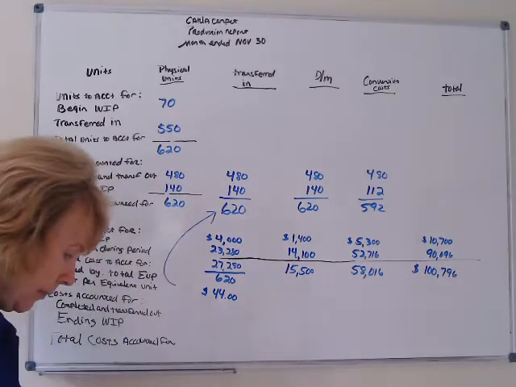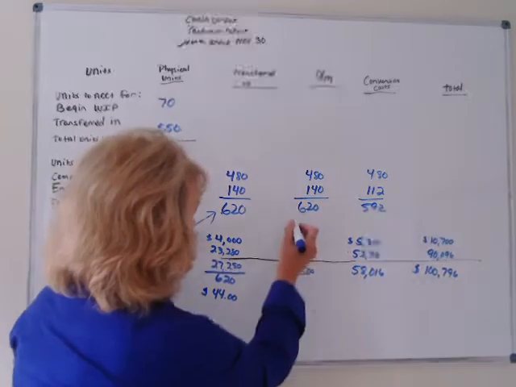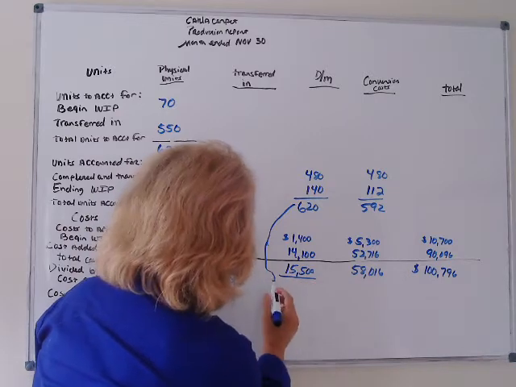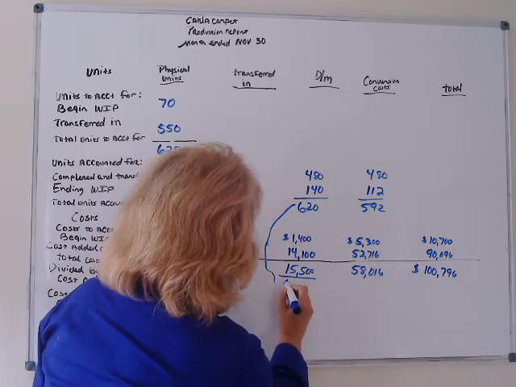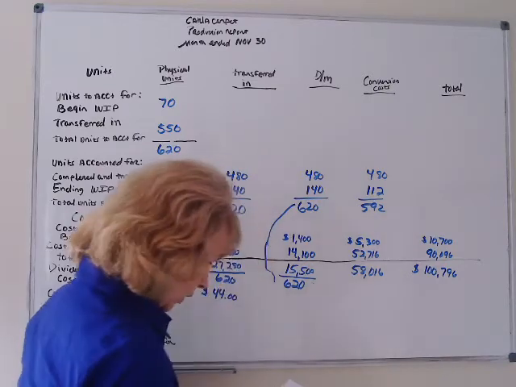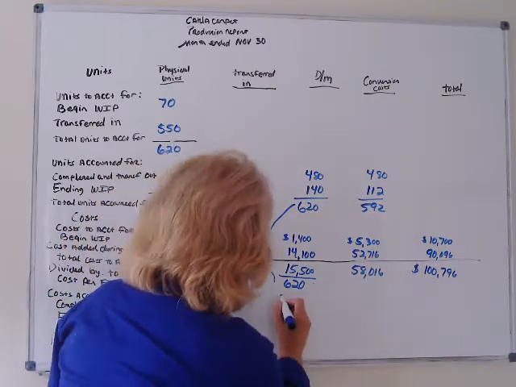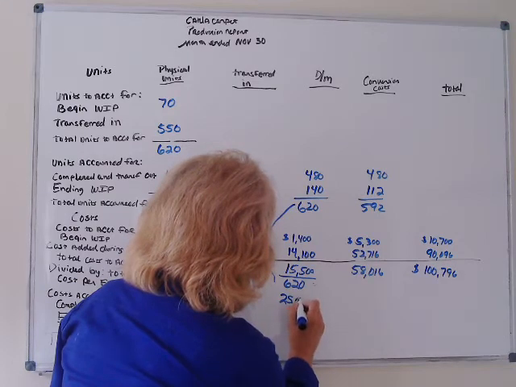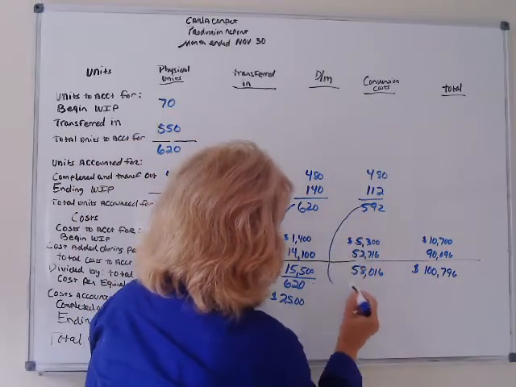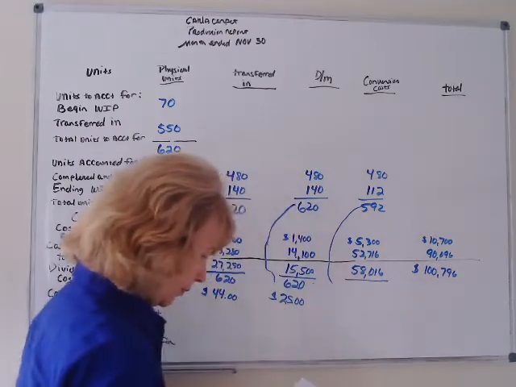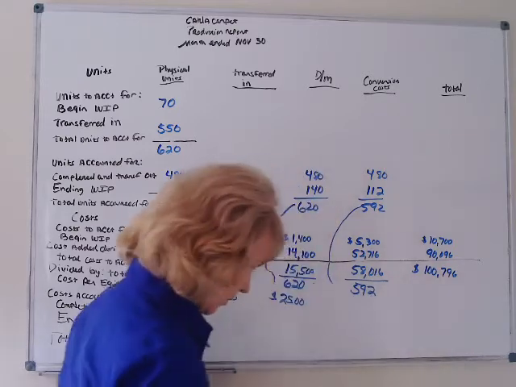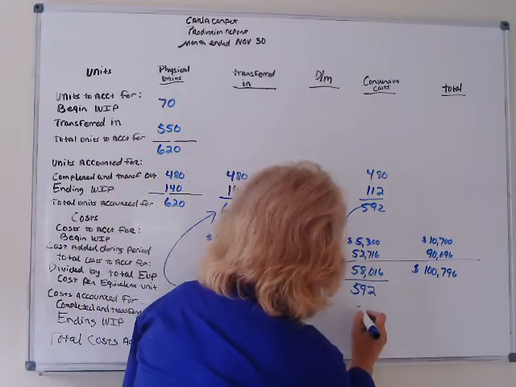Next, bring that right down. Here's my fraction bar, 620. That's going to equal $25. Bring this right down. Here's my fraction bar, 592, divide that out. That gives me $98.